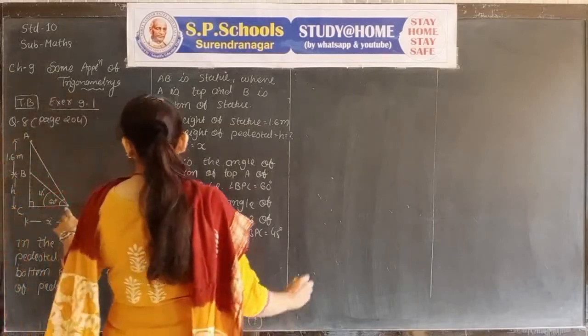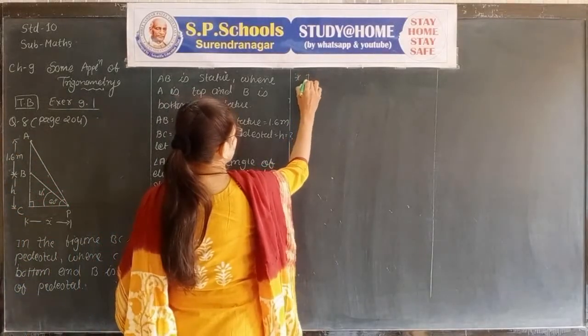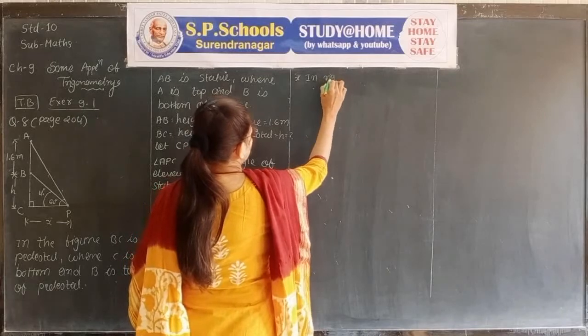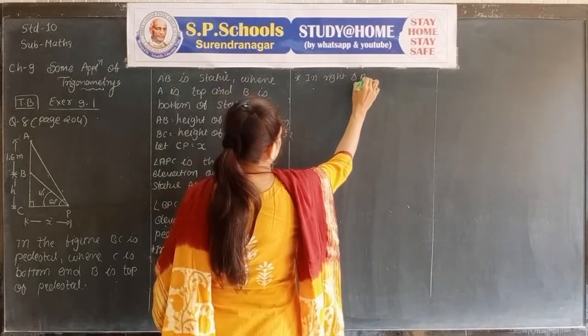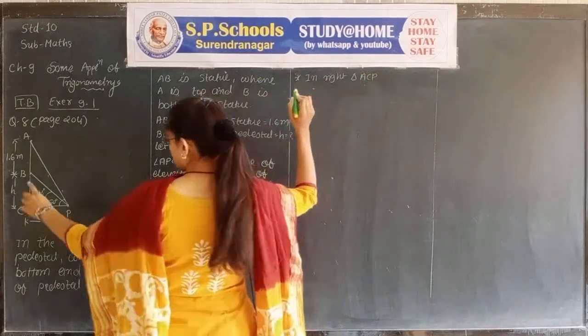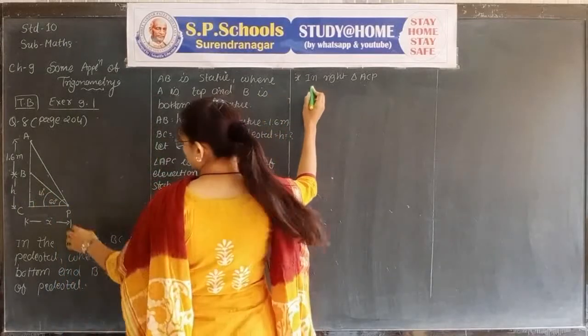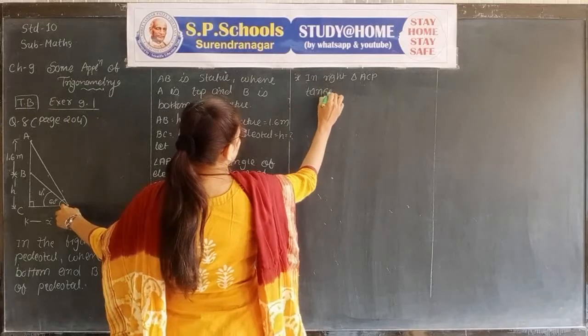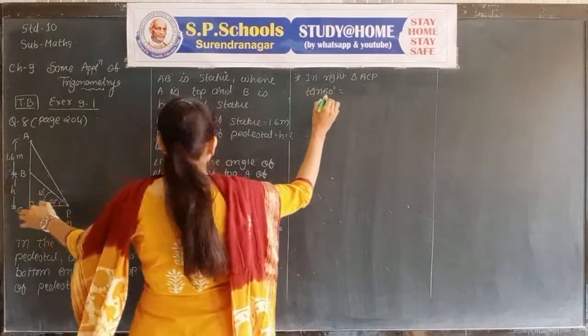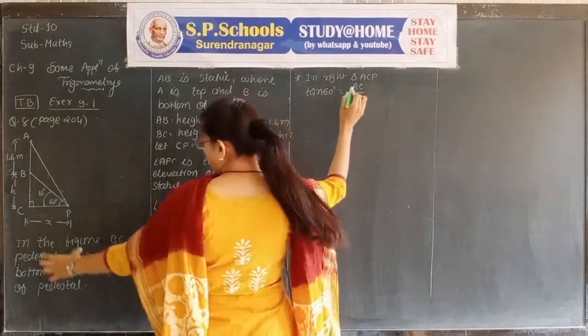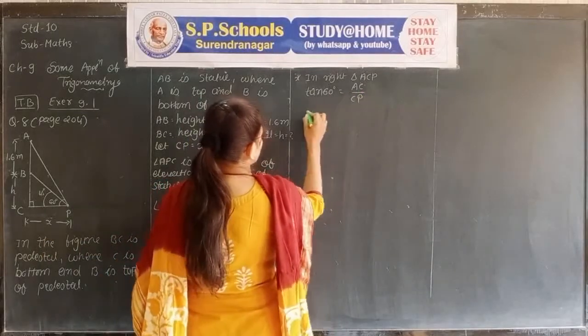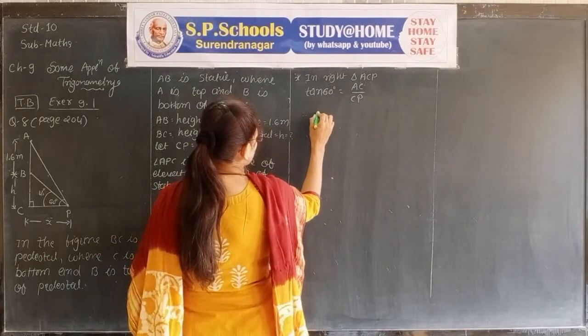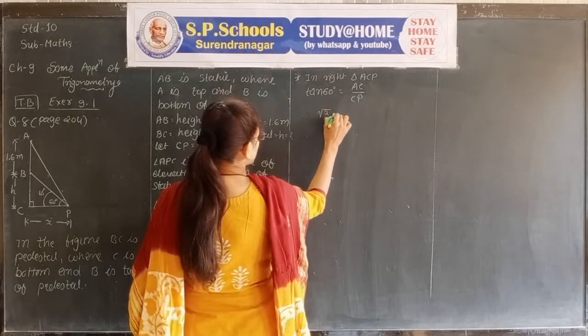Now use right triangle ACP. In right triangle ACP, use tan 60 is equal to opposite AC upon adjacent CP. Tan 60 is equal to root 3.